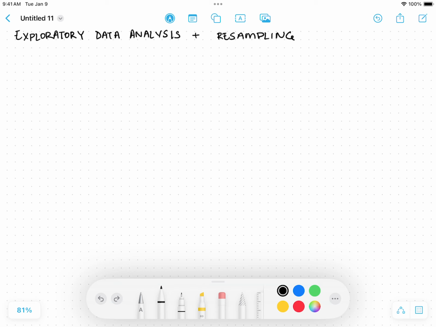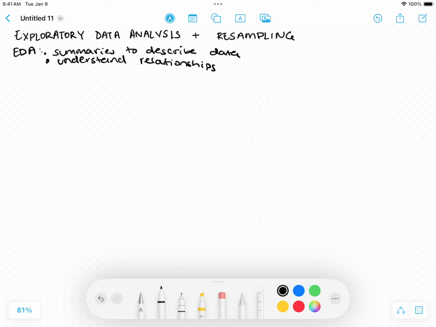So exploratory data analysis, also known as EDA, is basically procedures that create summaries to describe the data. And it can be graphical or not graphical, just using statistics. Basically, it allows us to examine the data and identify and understand the relationships between variables, right?